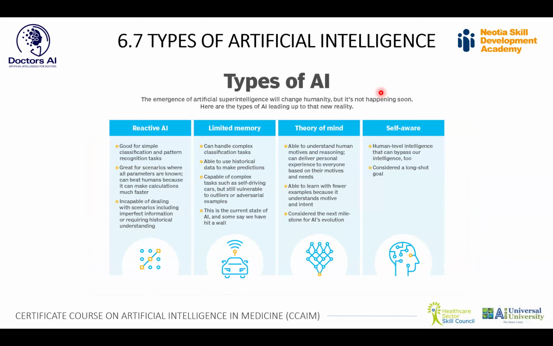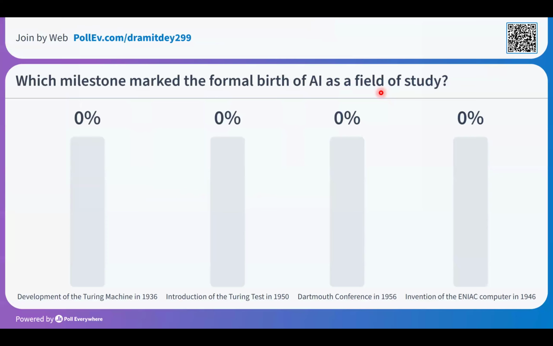So there are various ways in which we can classify, and mostly we are dealing with narrow AI, with a segment of general artificial intelligence, which is mostly reactive, picking up pattern recognition and classifications, also being able to handle some complex tasks with limited memory, depending upon the GPU strengths, and it should also be able to understand human understanding, motive and reasoning. And this is very important, especially when you're trying to use AI tools in the context of healthcare, right? And these are the different types that we can look at.